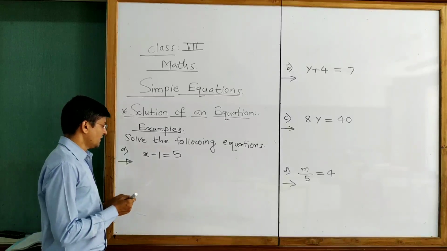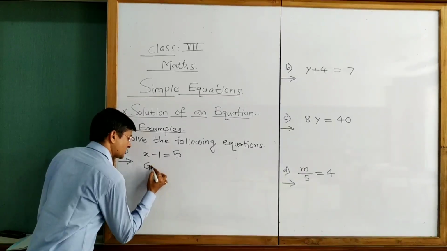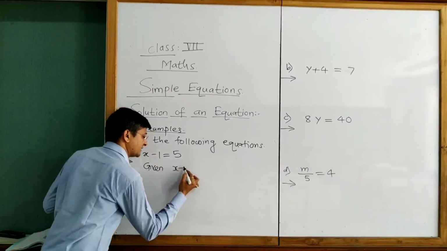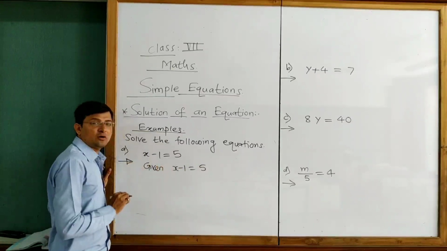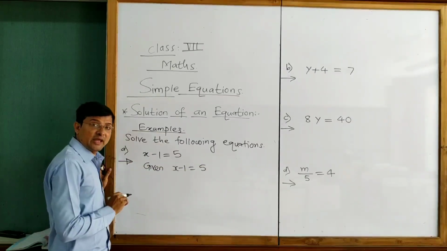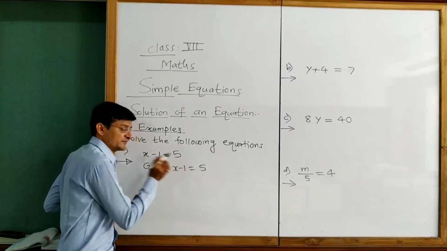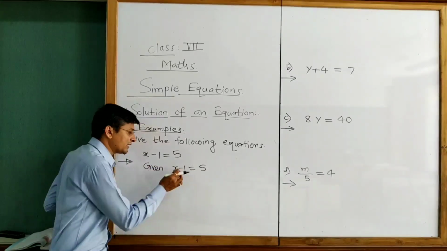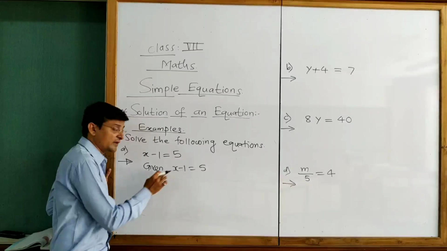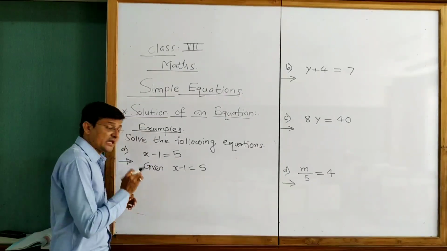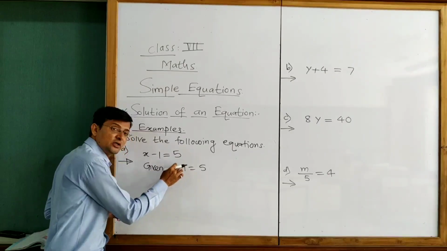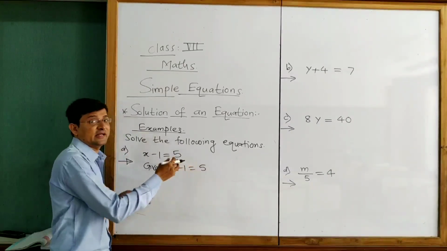Now here the given equation is x minus 1 is equal to 5. To find the value of x, we have to shift this minus 1. Here 1 is negative, minus 1 on the left hand side. If we shift this 1 to the right hand side, then it becomes positive.